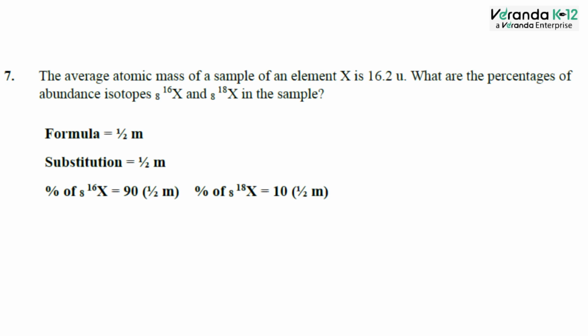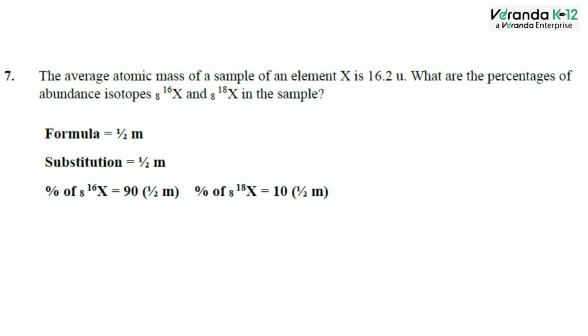So we substitute these given values in the formula: 16 into A divided by 100, plus atomic mass of second isotope, which we have considered as 100 minus A, into 18 divided by 100, which will be equal to the average value given in the question, 16.2.